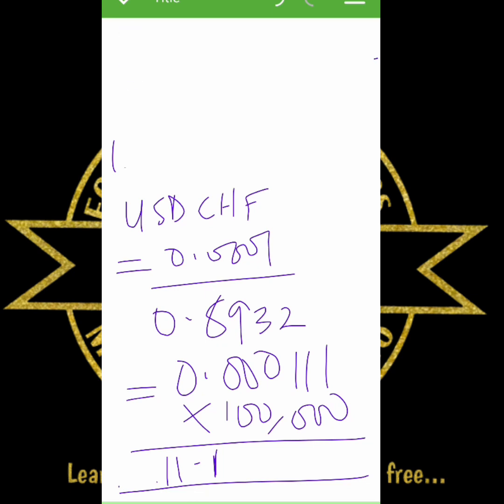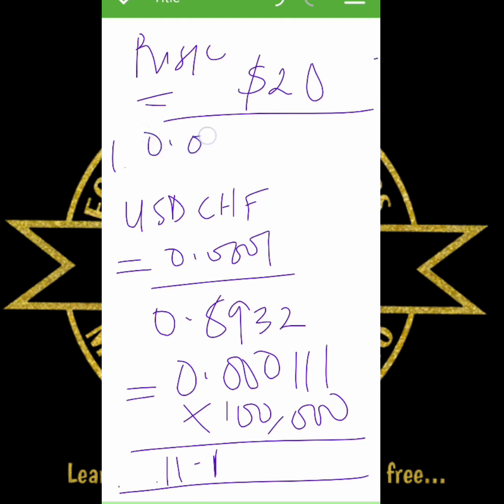The lot now equals the risk amount, let's say $20, over the number of pips you are risking, 0.001. Remember, we say 10 pips. Okay, times, now this will be 11.1.